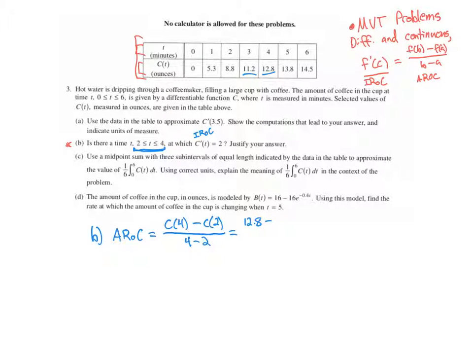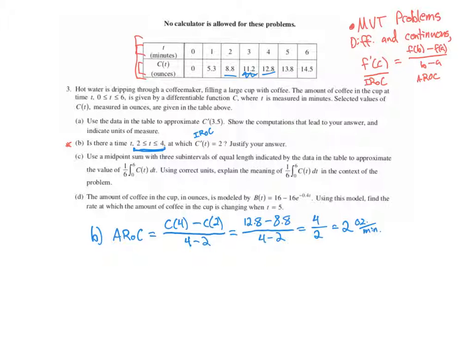And, whoops, excuse me, not c of 3. c of 2 is 8.8. So we end up with 4 over 2, which is 2. This is the average rate of change. The units on this are ounces per minute.